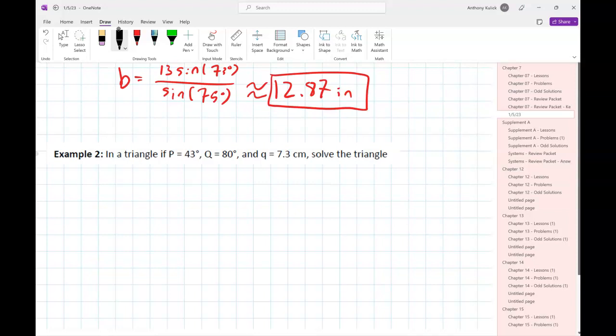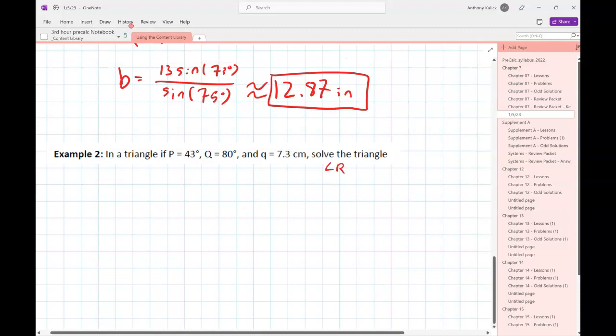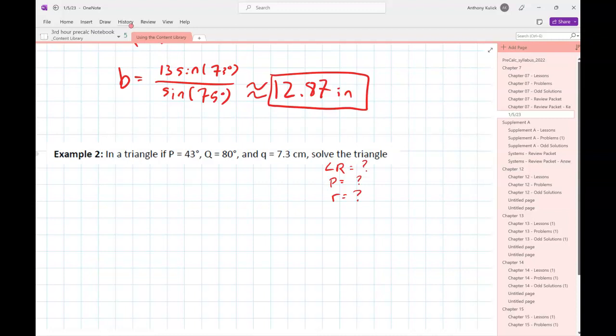So what are we looking for here? We need angle R, we need side P, and we need side R. I picked R for my other angle because after P and Q, R is the next letter in the alphabet. Okay, so I'm going to draw my picture.